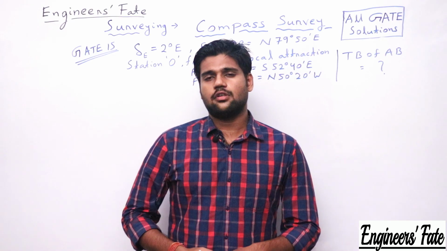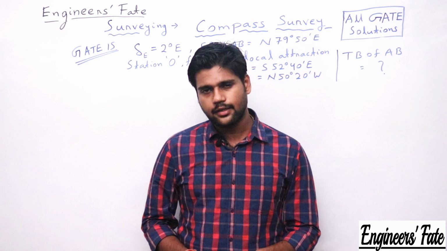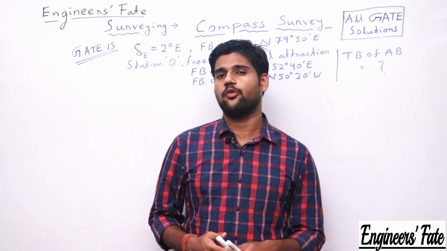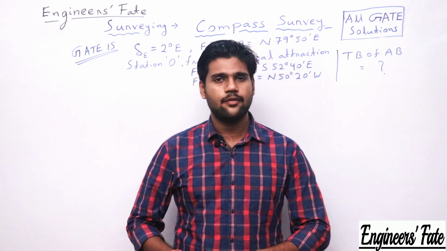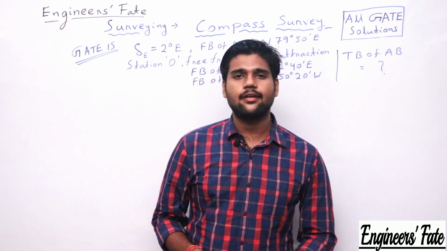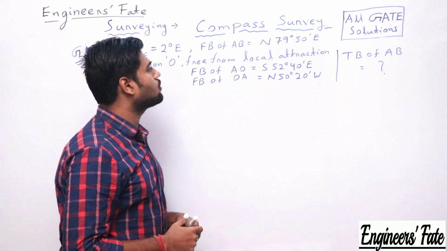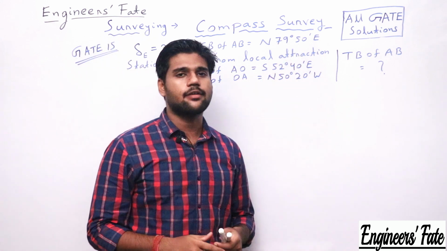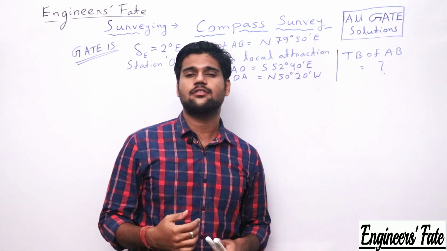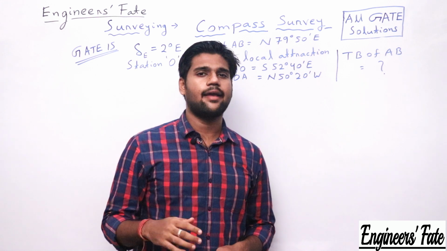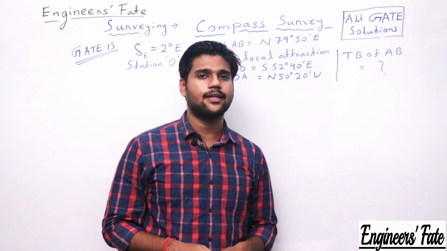So this is the question asked in GATE 2015 and it's one of the most beautiful questions. I hope you have tried. In the question he has stated that the forward bearing of AB is North 79 degree 50 minute East, and that station A is affected by local attraction.